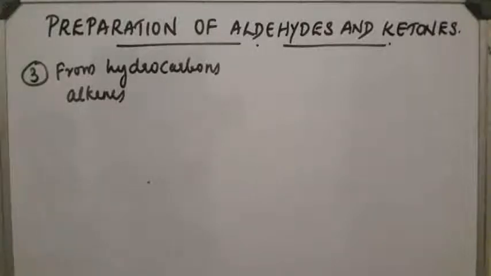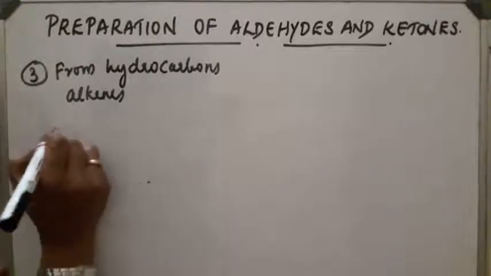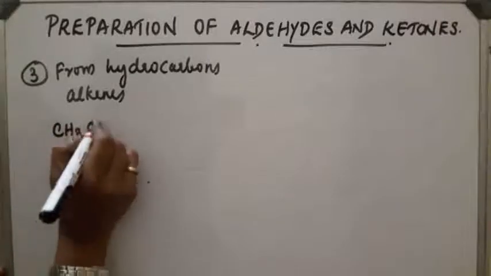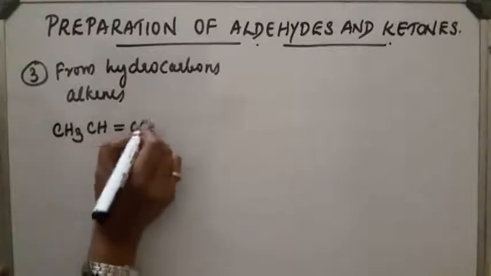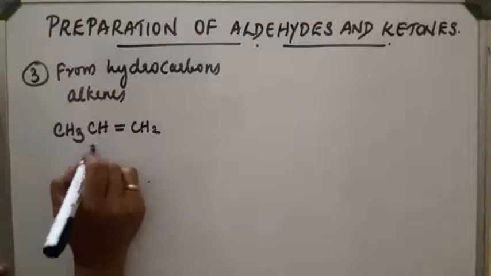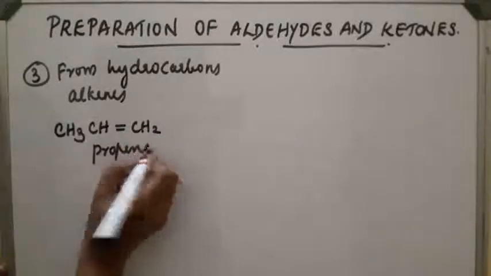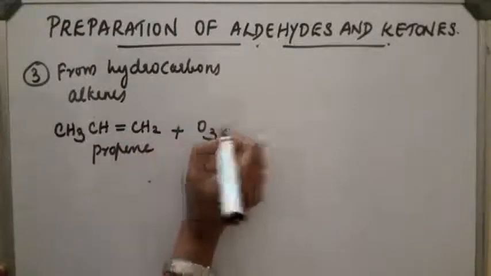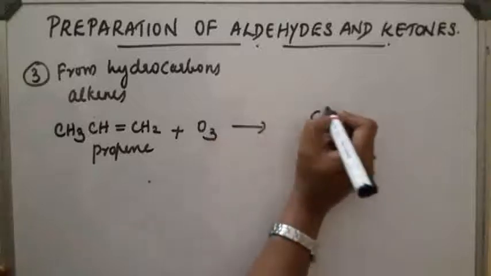Alkenes react with ozone, O3, and form ozonide. This on decomposition with water in the presence of zinc dust gets converted into aldehyde. Let us take CH3CH=CH2, propene. On ozonolysis, what will happen?